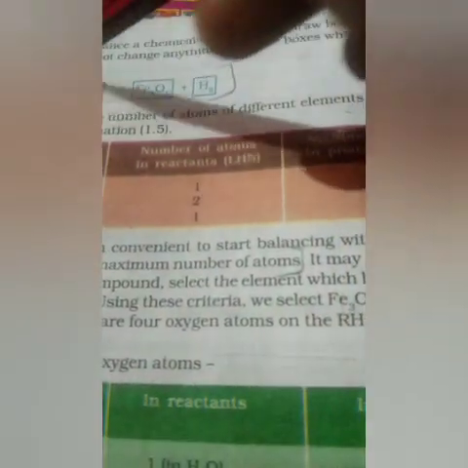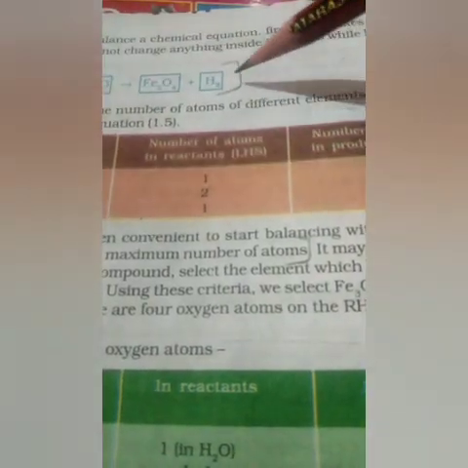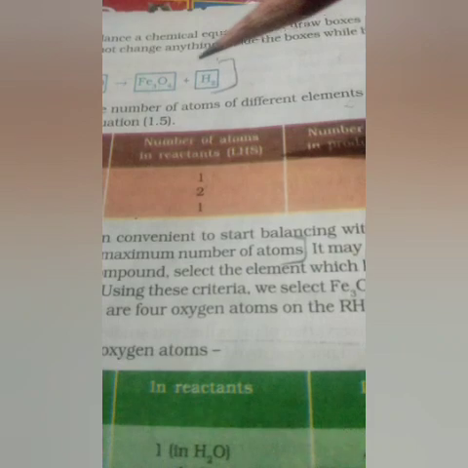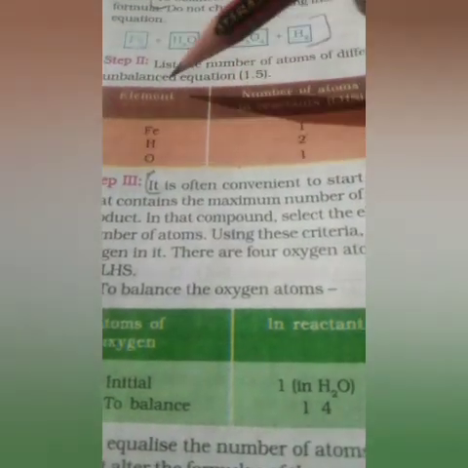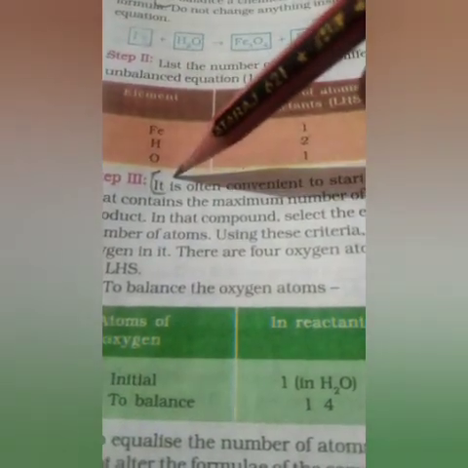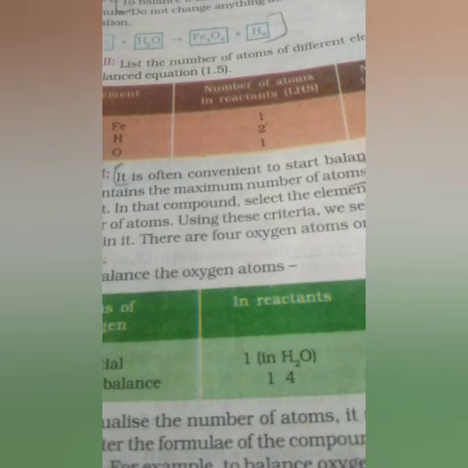This is an unbalanced equation. In the first step we write boxes around each compound and don't change anything inside and outside the boxes. In step 2, we write the elements and the number of atoms in reactants, LHS, and the number of atoms in products, RHS.